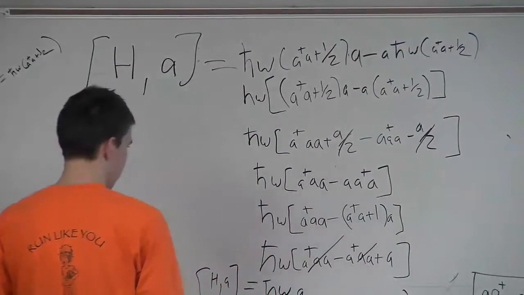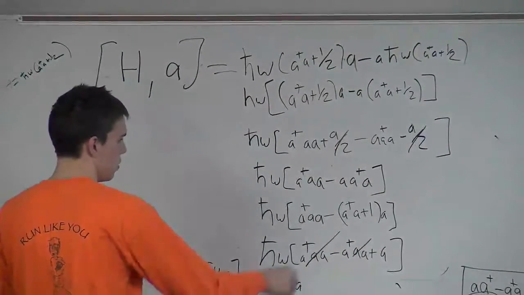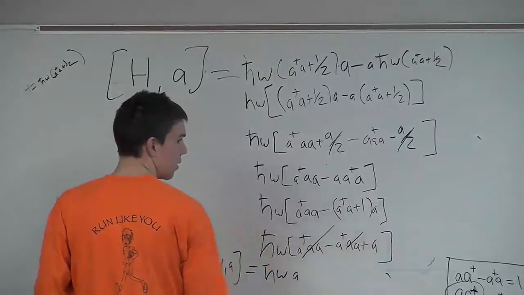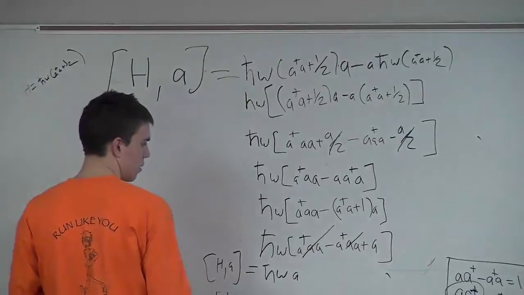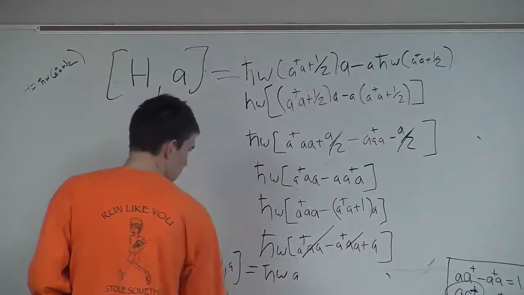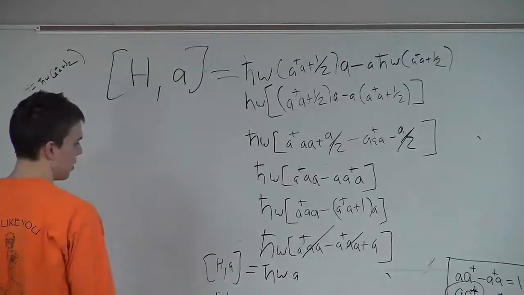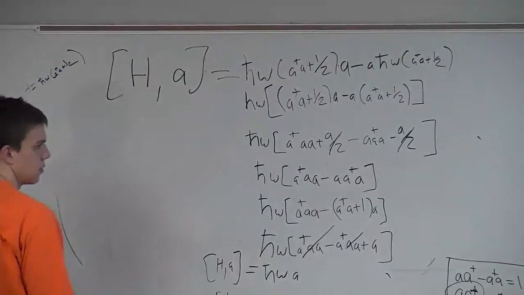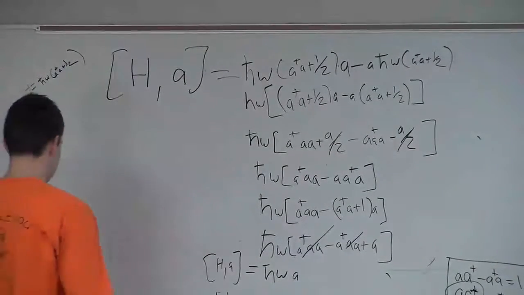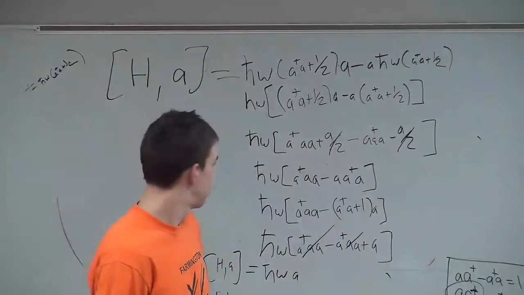And then Alex opens brackets, and what is the result? You just multiply to get a dagger a a plus a. So the result of the commutation between the Hamiltonian and the annihilation operator is h bar omega factor times the annihilation operator itself. Okay, interesting. Thank you, Alex. That's an achievement. Good.